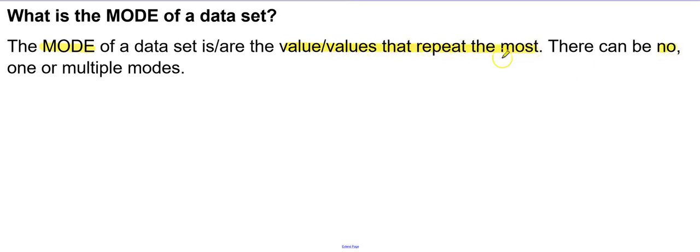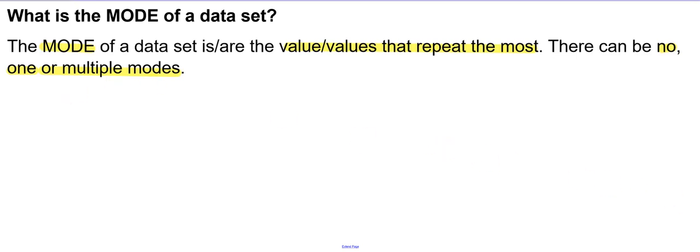We can have no mode, one mode, or multiple modes. No mode means no numbers repeat at any time. One mode is one number repeats more than any other, and multiple modes will have 2 or 3 values that repeat the same number of times.